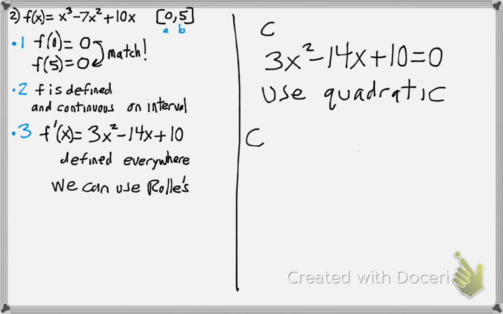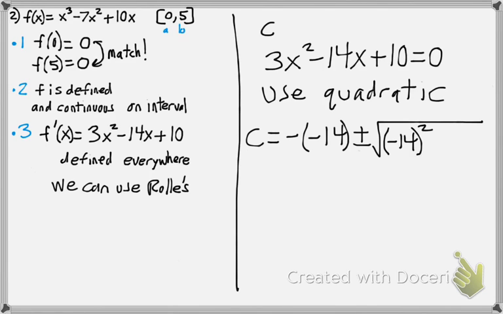So C, or you could just put x, is equal to negative negative 14 plus or minus the square root of negative 14 squared minus 4 times 3 times 10, all over 2 times 3.